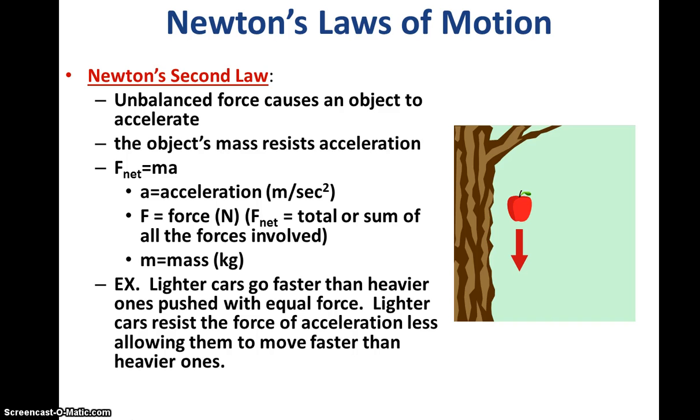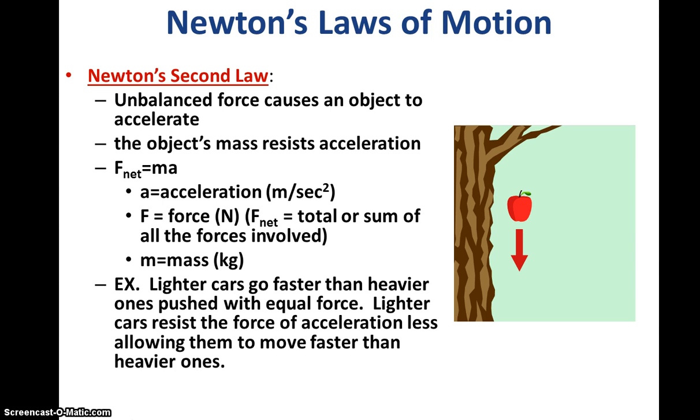Objects tend to resist this change. We learned in the first slide that inertia means to continue doing whatever you're doing, so they want to keep doing what they're doing, so it's going to take a force to change their motion, and that force can be calculated. And it does depend on the mass of an object, the inertia of the object.